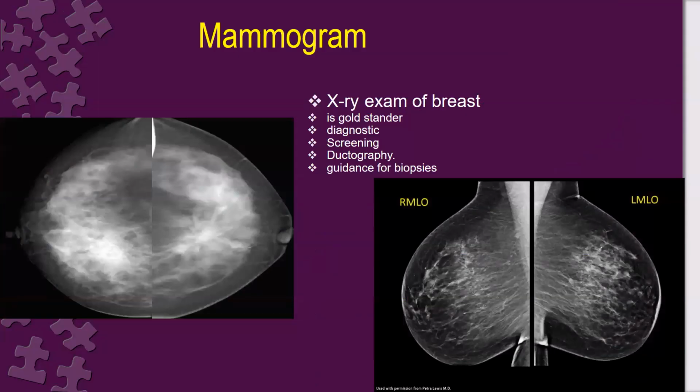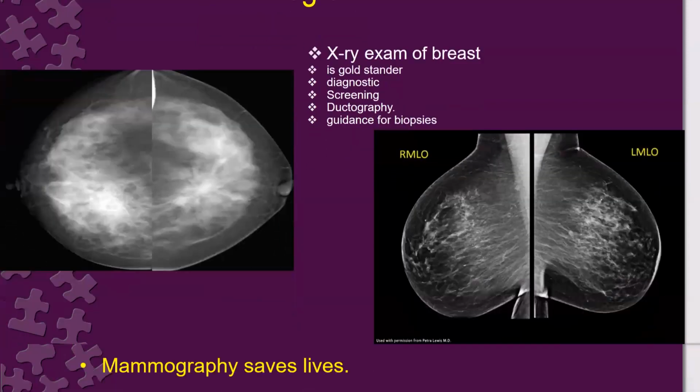It is an X-ray examination of the breast, used in diagnostic and screening settings. We can inject contrast through the nipple to delineate the ductal system in galactography, and it can be used as guidance for biopsy.